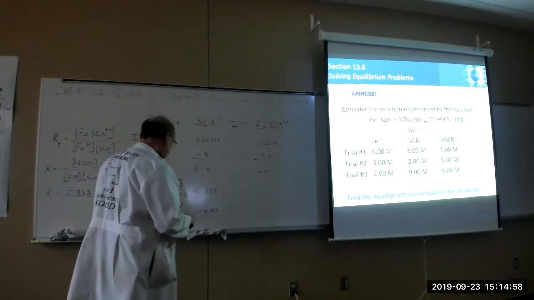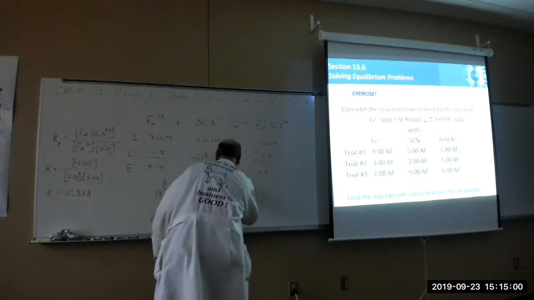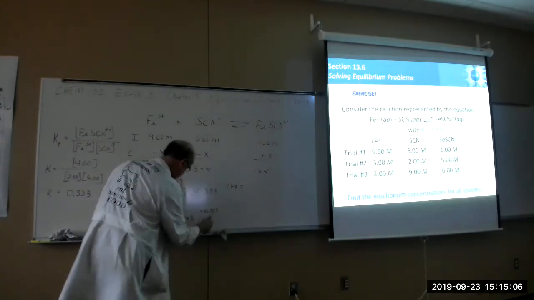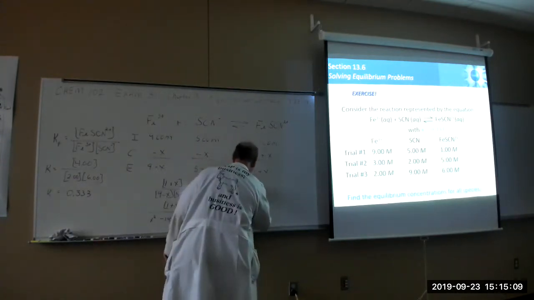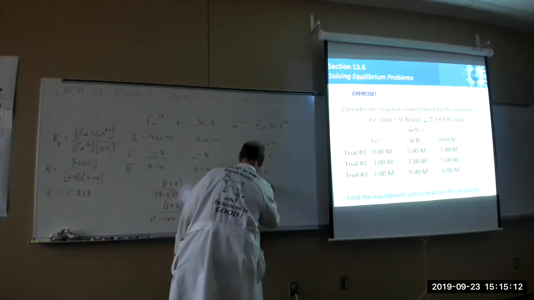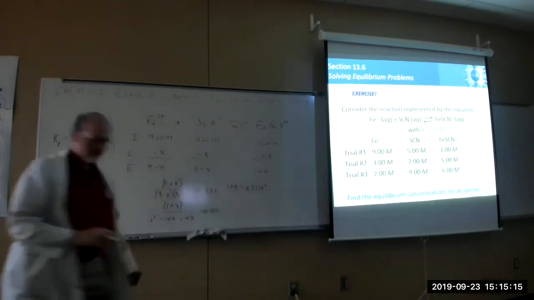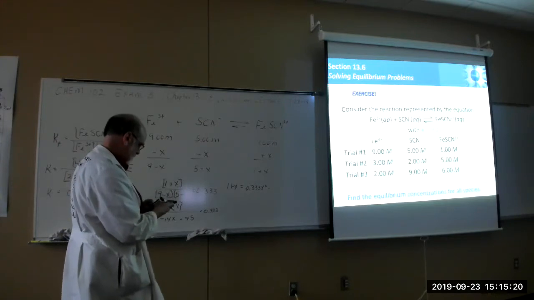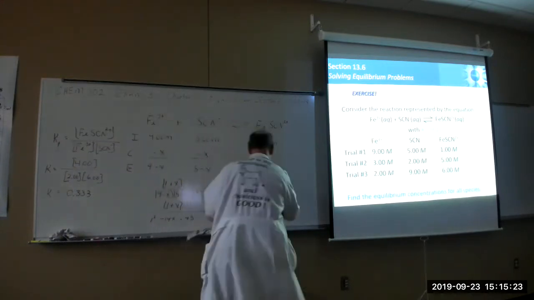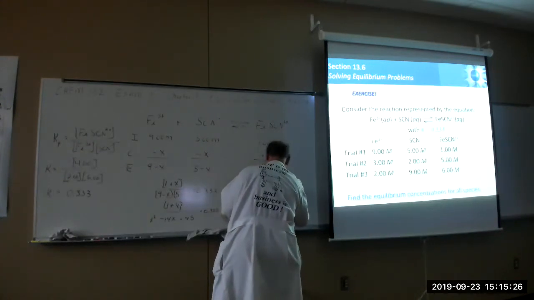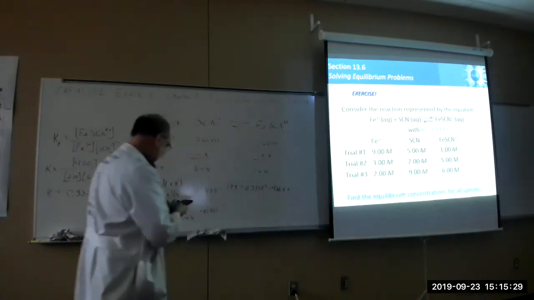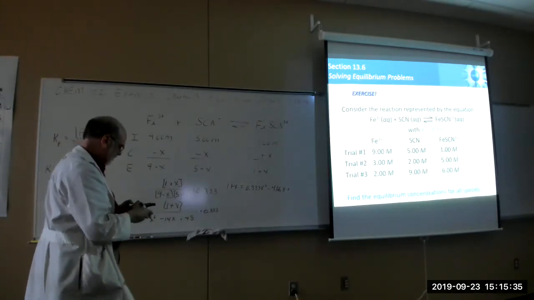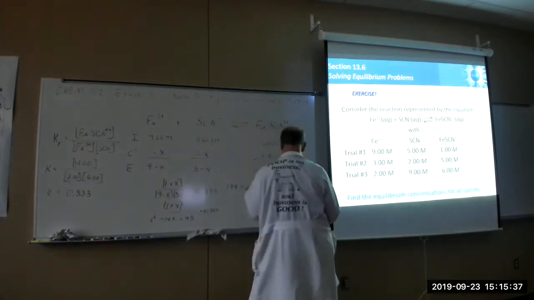Okay, so now we're going to have 1 plus x is equal to this whole thing times that value. So this is going to be 0.333 x squared minus 14 times 0.333 is 4.66, minus 4.66x, and then 0.333 times 45 is 14.99.